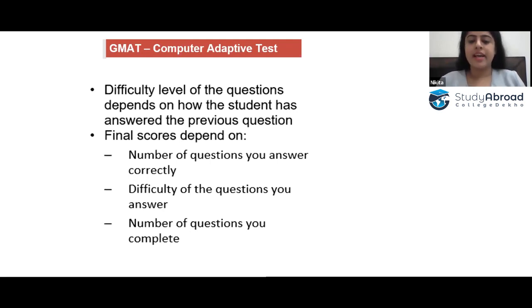The difficulty level is also a key factor which determines your final score, and obviously the number of questions that you complete. So these are the factors which contribute to your final score.